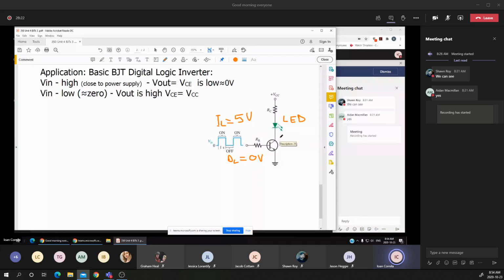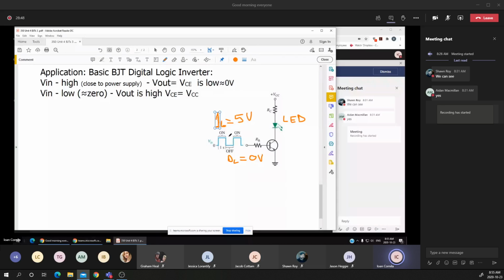Now, let's have a look at how this circuit works. Suppose that I'm applying, sorry, that's not the I logic. I said that it's one logic. I'll put it in this way. I'm applying a voltage, 5 volts, one logic.